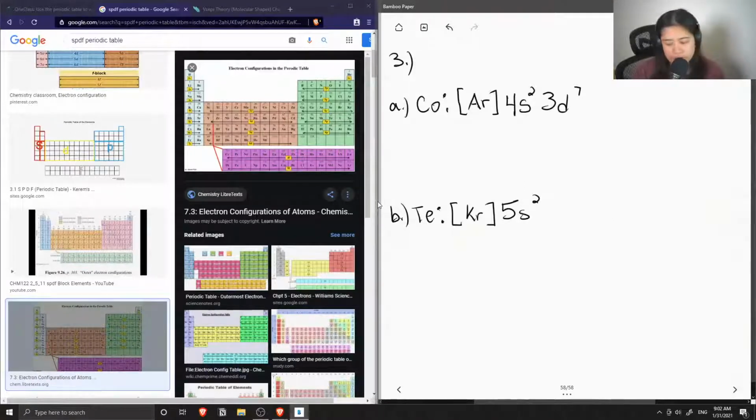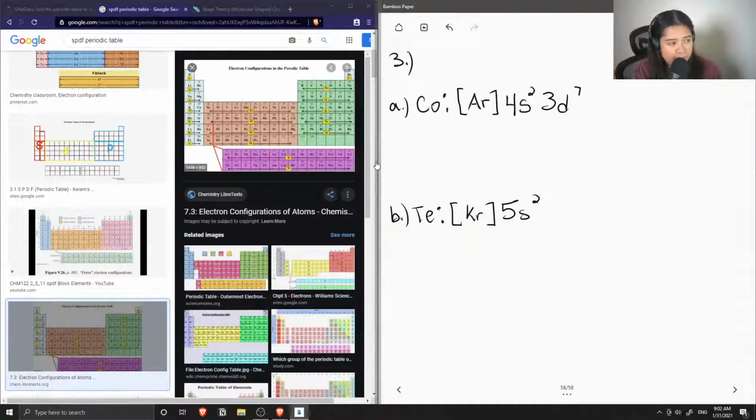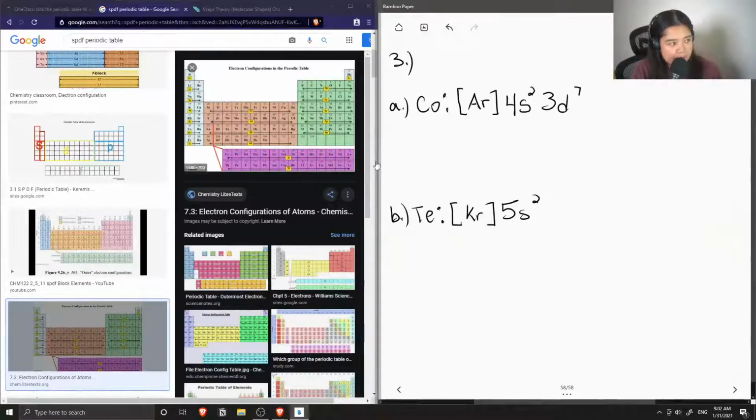And then you can see here that the F block is kind of inserted in the middle, but we don't have to worry about that since that's in the next row. And we would just continue on.